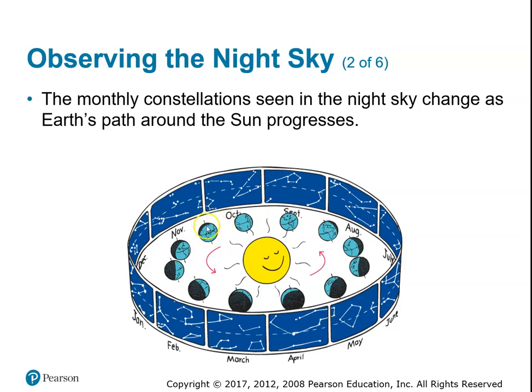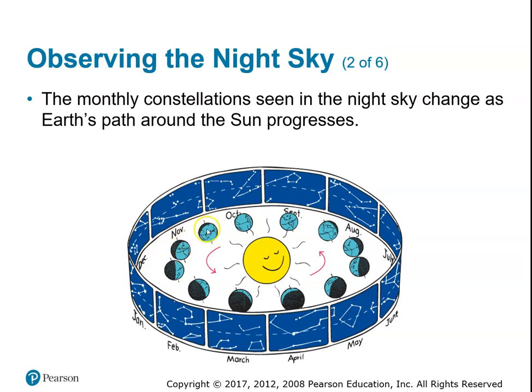And I mentioned this in chapter 26. It's being slowed down by the moon, but it's a really slow rate, like 3 milliseconds per century. But over the course of thousands of years, that wobble manifests itself in the night sky.